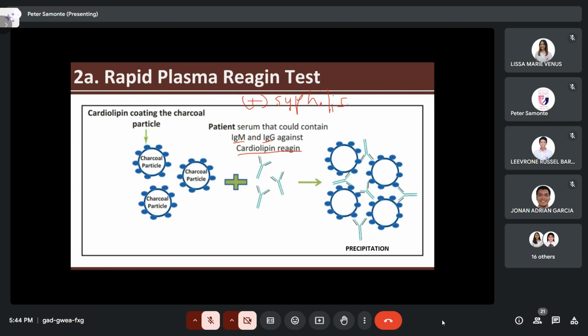So since the patient is positive for syphilis, the patient would develop antibodies against certain components of the syphilis, specifically cardiolipin. So what happens is that the antibodies of the patient positive for syphilis would attach to the cardiolipin coated with charcoal. And that would form your precipitation. So take note of that, class. The antigen that you use here in RPR is the cardiolipin coated with a charcoal particle.